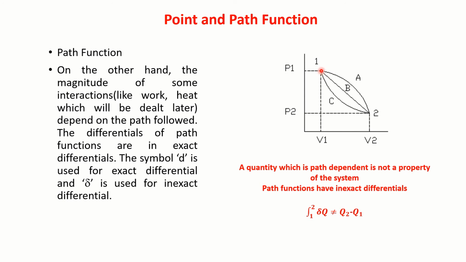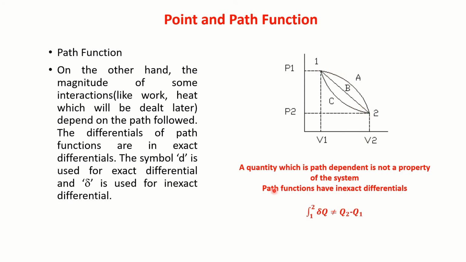If a system undergoes a change of state by following this path, whatever work is done during that change is different from the work done if it follows this path. And this is again different if the system follows this other path. So it does not depend on the end states, but on the path it follows.